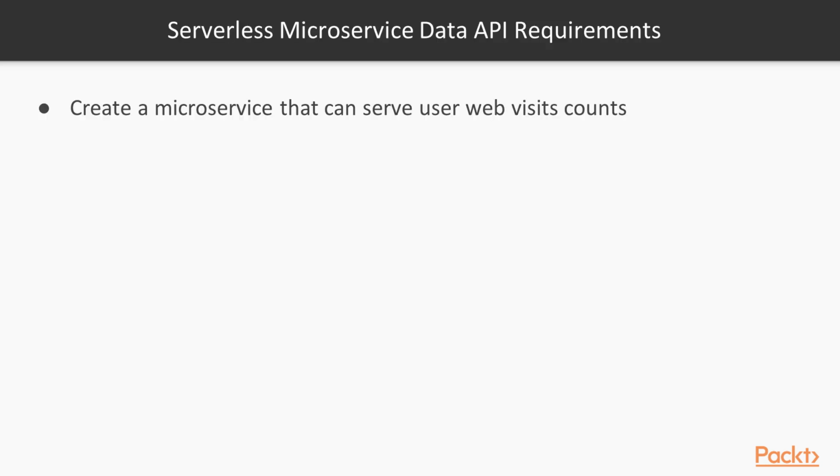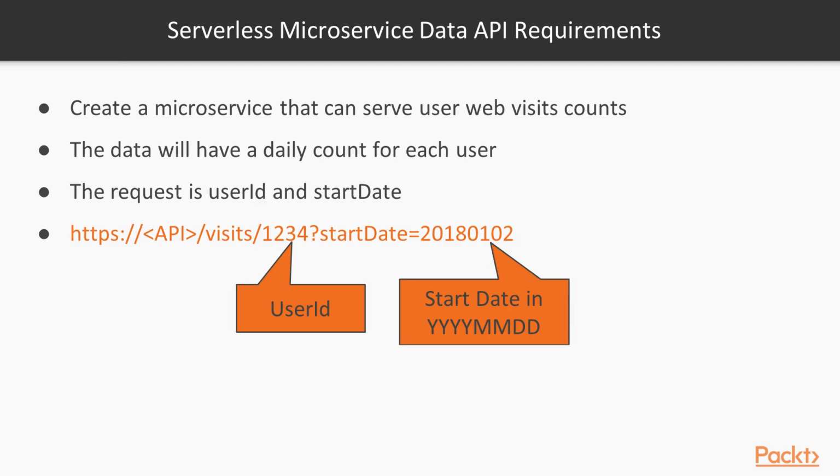So in terms of the serverless microservice data API requirements, we want to create a microservice that is able to serve web visits counts for a specific user. The data that we have is basically a daily count for each specific user ID. And here, this is the request that we want to pass on. So we're going to be querying by user ID and start date, and we want to retrieve all the counts of web visits after the start date.